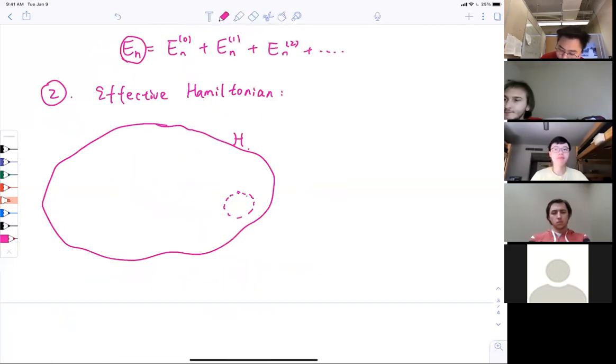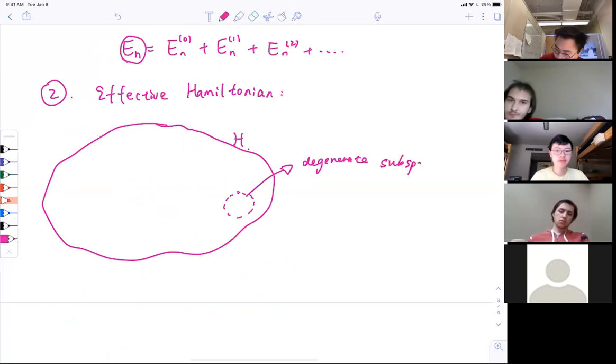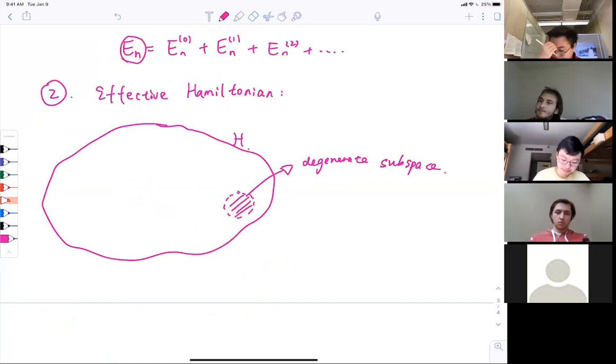So let's say we care about some small degenerate part. In real cases, the space we generally care about is the ground state, and it may be degenerate.